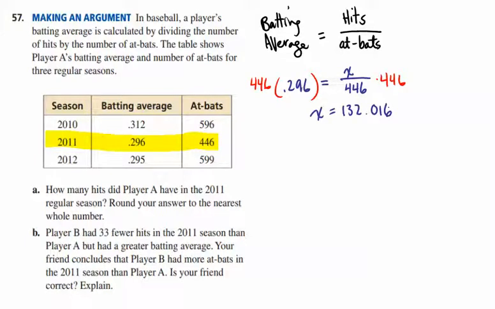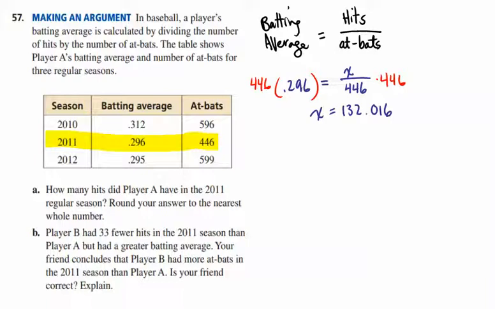Now, what is X in this case? It's the number of hits. Can you have 0.016 hits? You really can't. There's no way that that can happen. Batting averages are usually given to 3 digits, and we would say that person has a batting average of 296, even though it's really 0.296 or 296 thousandths, which means roughly 296 out of 1,000.